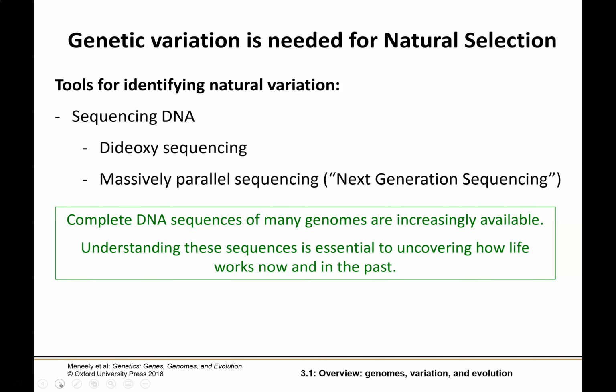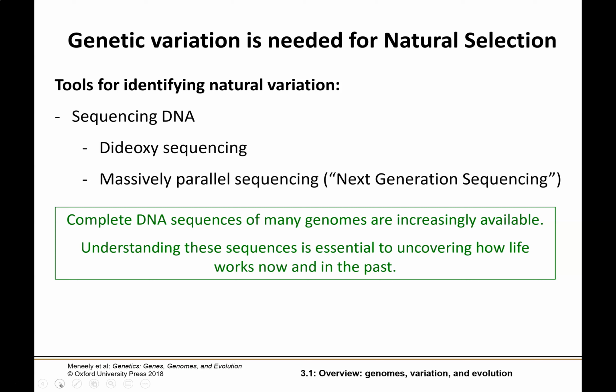The importance of DNA sequencing is that now we have complete sequences of many genomes, and genomes are becoming more and more available. This allows people to quickly find genes, quickly determine functions of genes. So if you study a gene in one organism and you find it in their genome, and you sequence it, it's probably going to work similarly in another organism based on evolutionary history and relatedness of those organisms.